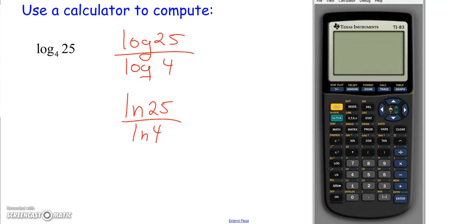So here's my calculator. I could type in the log of 25 divided by the log of 4. If I did it with the ln of 25 divided by the ln of 4, I'm also going to get the same exact answer both times. You can round that to whatever the directions require, any necessary decimal place.